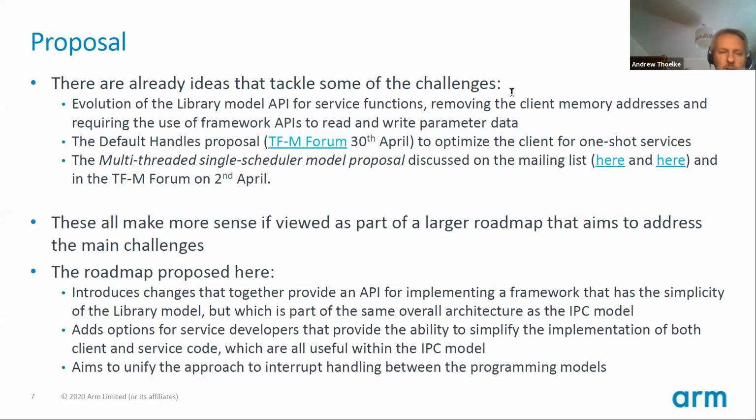And the ultimate goal is that if all of the services specify that they're using the simpler handles and service functions, secure functions, it becomes possible to use a much simpler implementation of the framework.